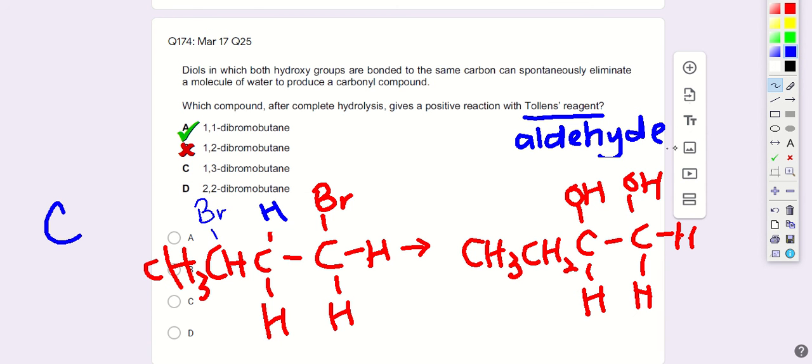So again, hydrolysis of this compound will not give you hydroxy groups on the same carbon. Right, this is H. Erase this. This is OH. Hydroxy groups not bonded to the same carbon, okay, won't eliminate water molecule. Reaction will stop here. Okay, now let's look at the last one. Let me put a cross here first, to remind myself that that is not the answer.